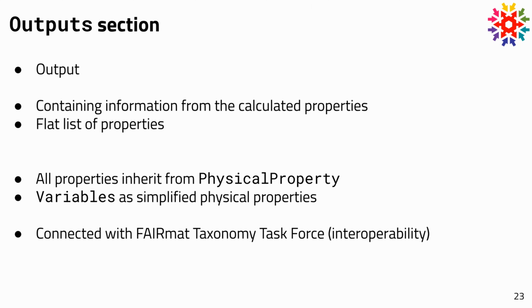And the cool thing is that this physical property abstract class and the variables class, these two bullet points here, are pretty abstract, to the point that they can also be used by experimental people. In fact, in FAIRmat, there is a task force, a group of people working towards creating a taxonomy of materials properties.